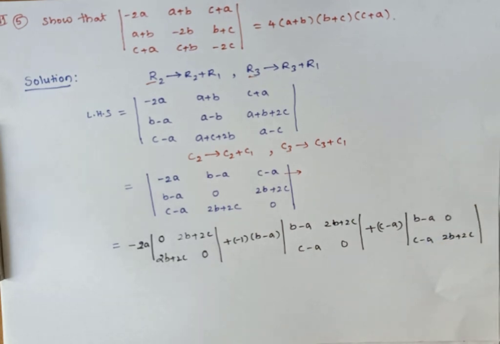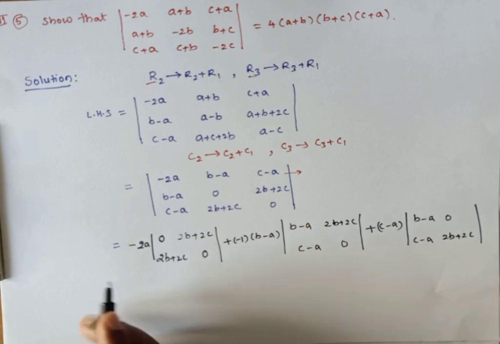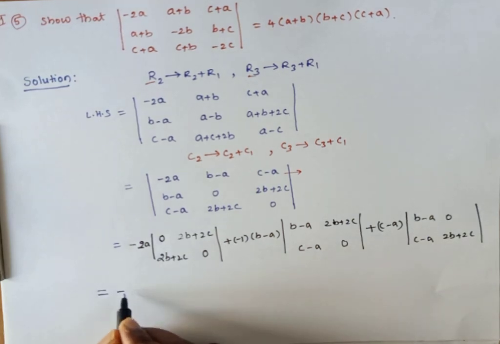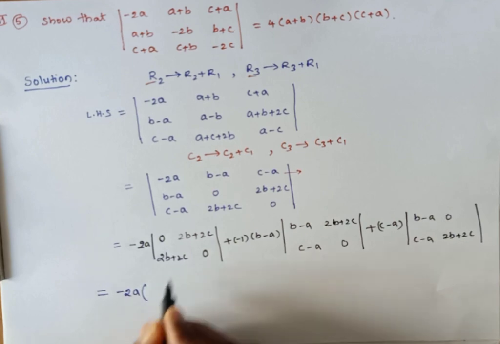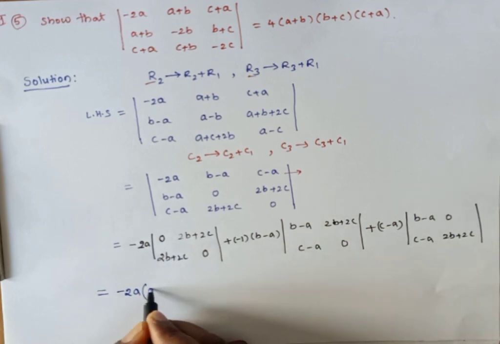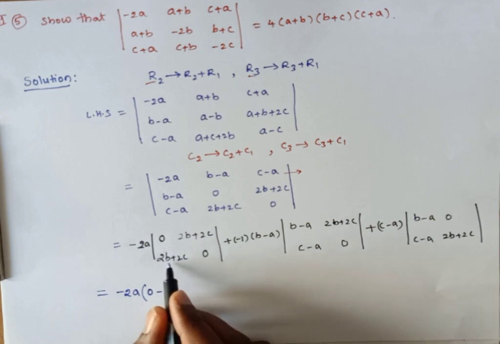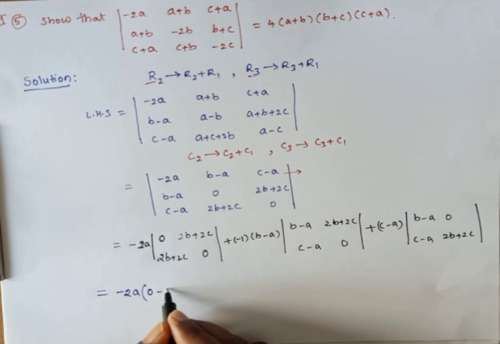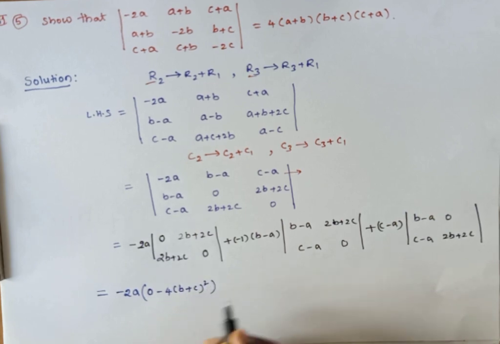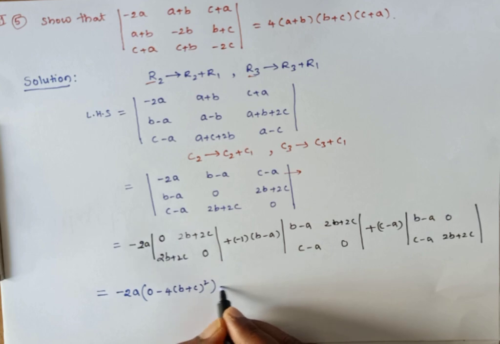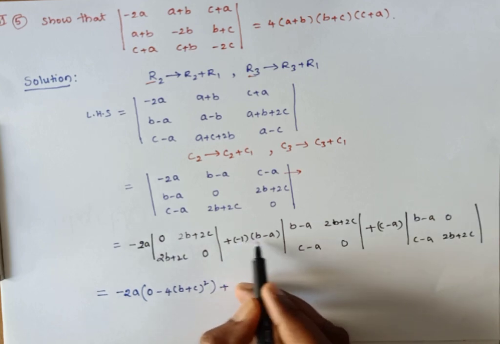Now, so we can expand this. So this is minus 2a times of 0 into 0, so it is 0, minus 2b plus 2c into 2b plus 2c, that is 4 times of b plus c whole square. Now this is a plus, so multiply with a negative sign.